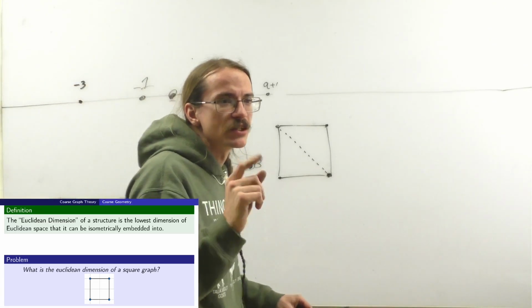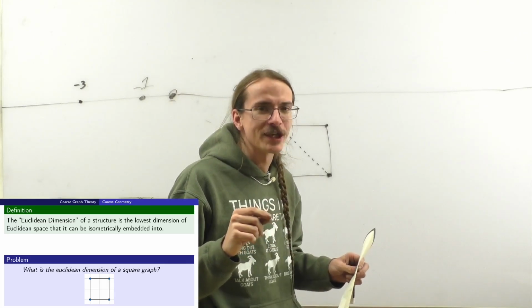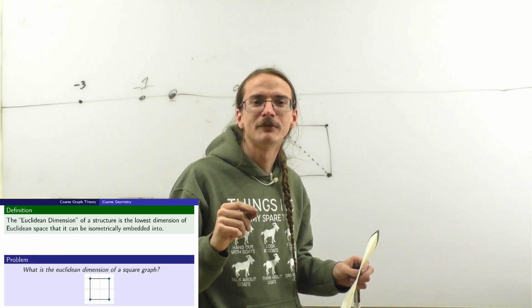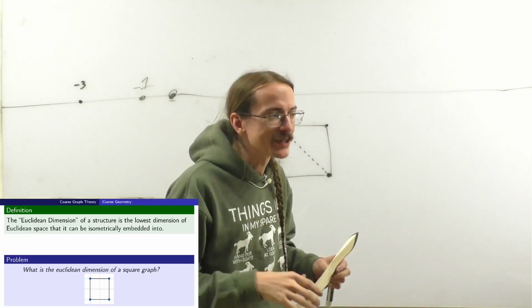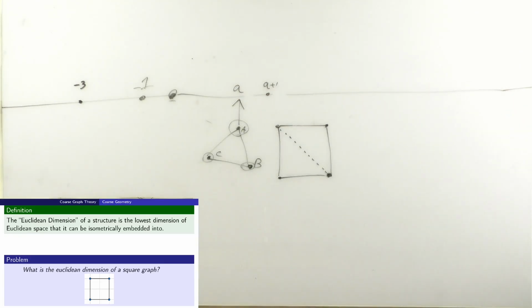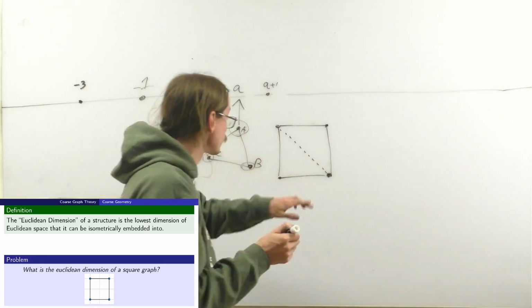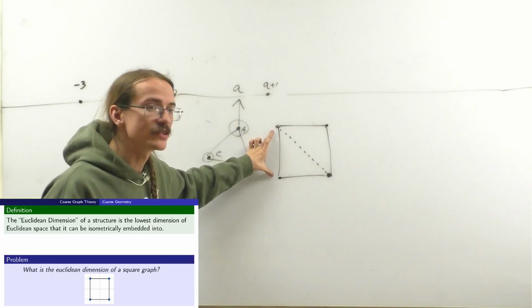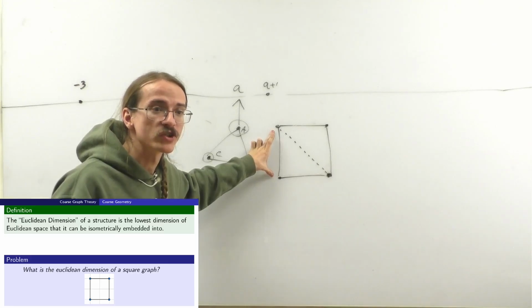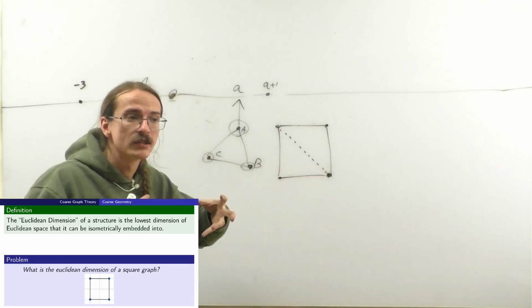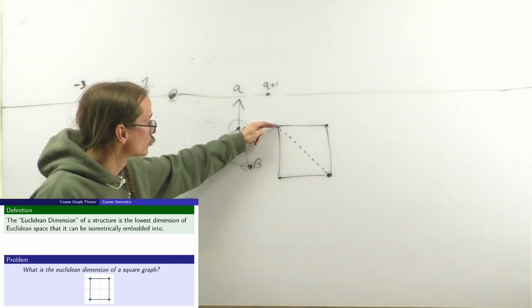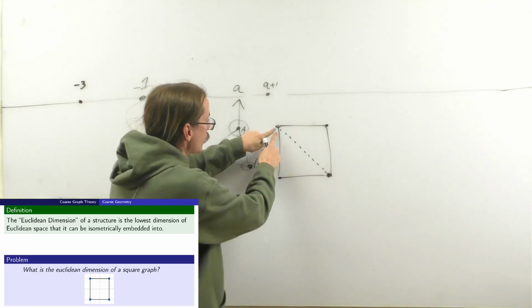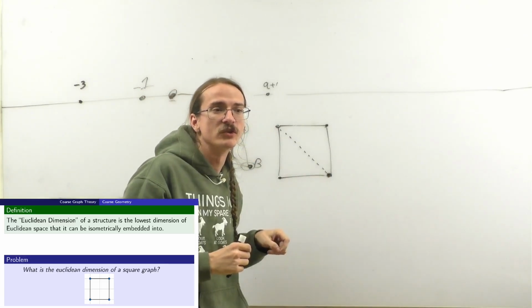You missed the earlier dog and pony show about distances. We're going from a square graph into a plane. Distance from these 2 points, we're measuring it in the graph by the shortest path. We want to do this without changing the distance. So this distance had better stay 1 while somehow turning this distance into 2.